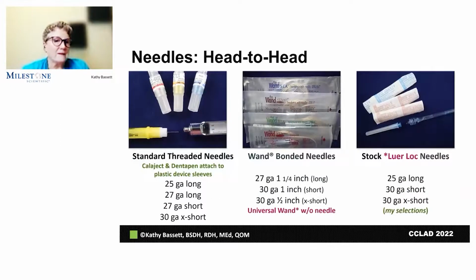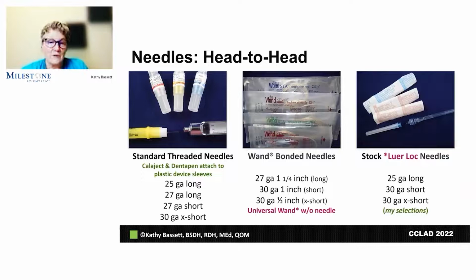When we look at the needles, for the CCLAD and the DentaPen, you can use any needle you normally use in your office. Whatever you have will screw directly onto those plastic cartridge holders. The wand is going to come in one of 4 styles: the equivalent of a 27 gauge, so your long needle, a 30 gauge short, a 30 gauge extra short, and they also have a universal.